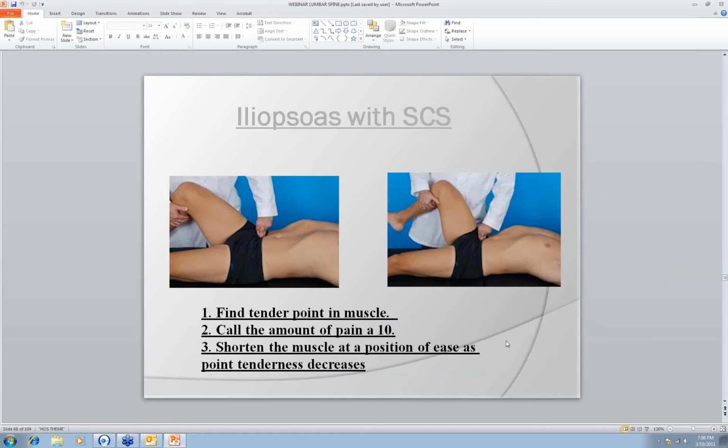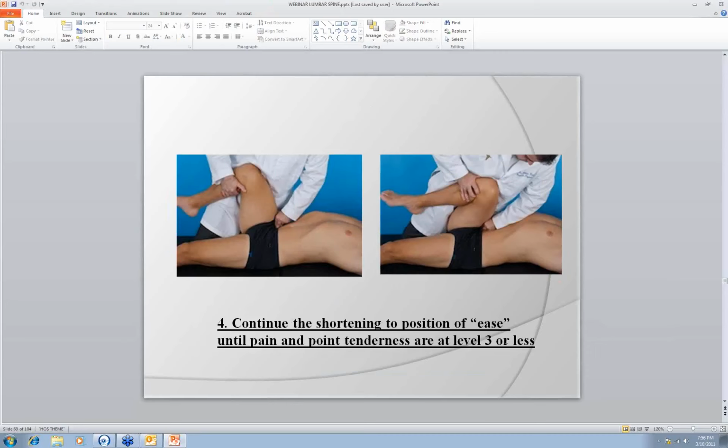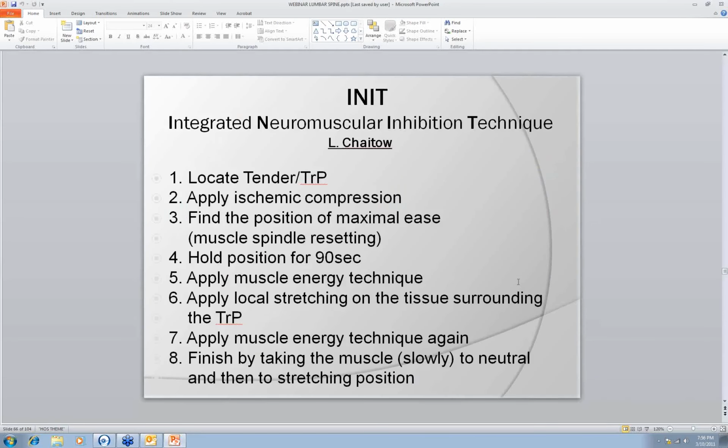Anything below 3, in other words. I maintain that position for 90 seconds, because according to Jones, it takes 90 seconds for the muscle spindle to be reset. And then I release and I reevaluate. So this is the principle that Jones recommends.